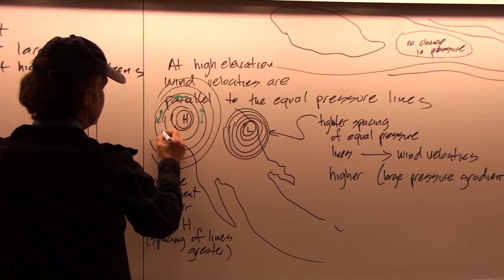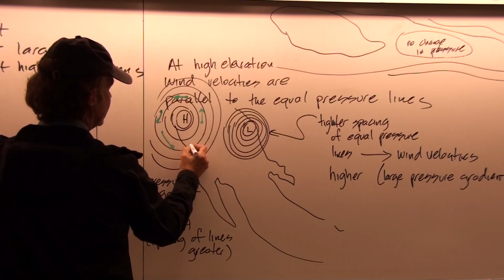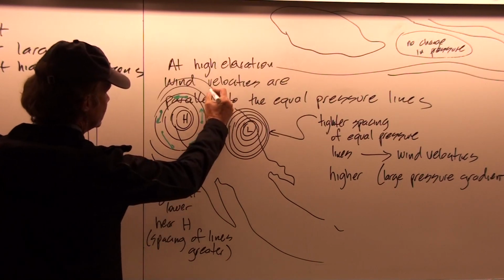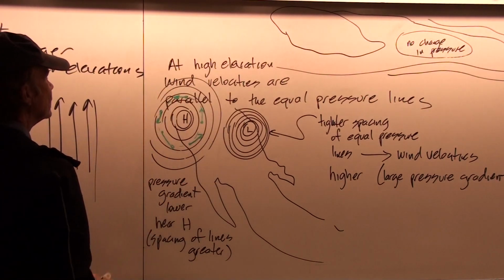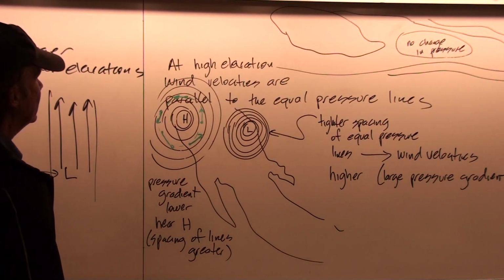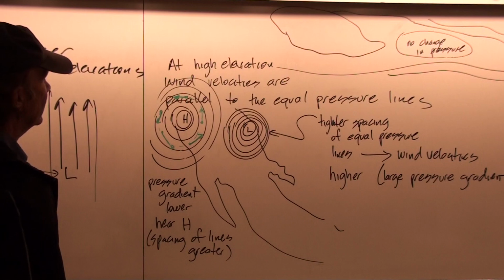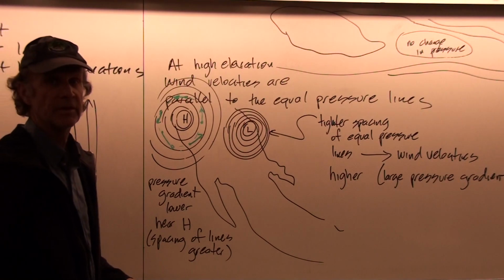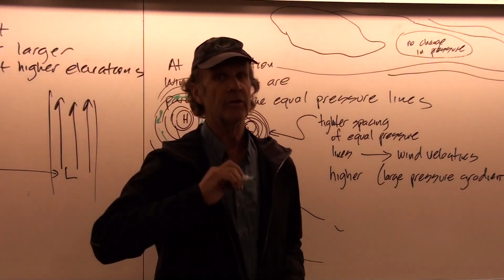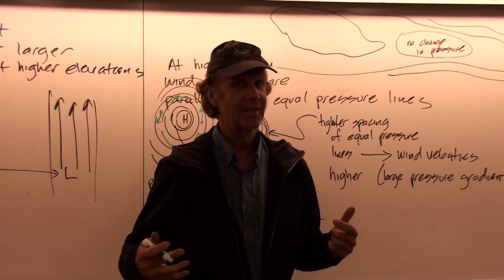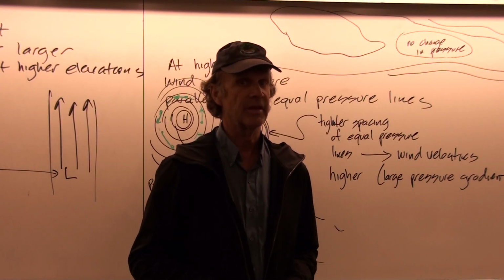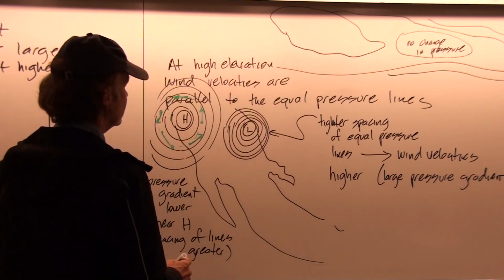And so the velocity at each point then could be thought of as being a tangent to one of these equal pressure lines as we go around, but circulating in the counterclockwise direction. That's in the northern hemisphere. You go to the southern hemisphere, it would be circulating in the clockwise direction. Everything is reversed with the Coriolis force in the southern hemisphere, as we discussed earlier.